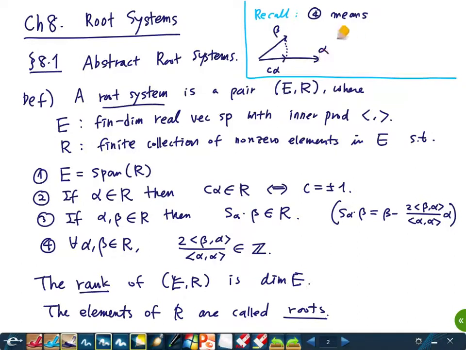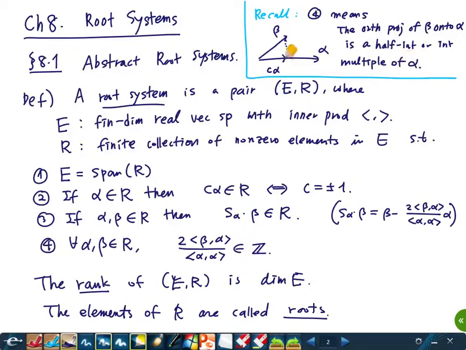Then the condition means that this orthogonal projection is a half integer multiple of alpha, or an integer multiple of alpha.